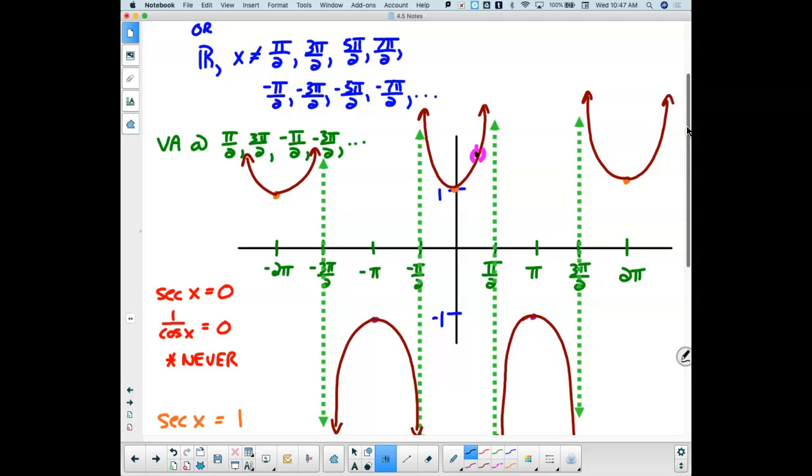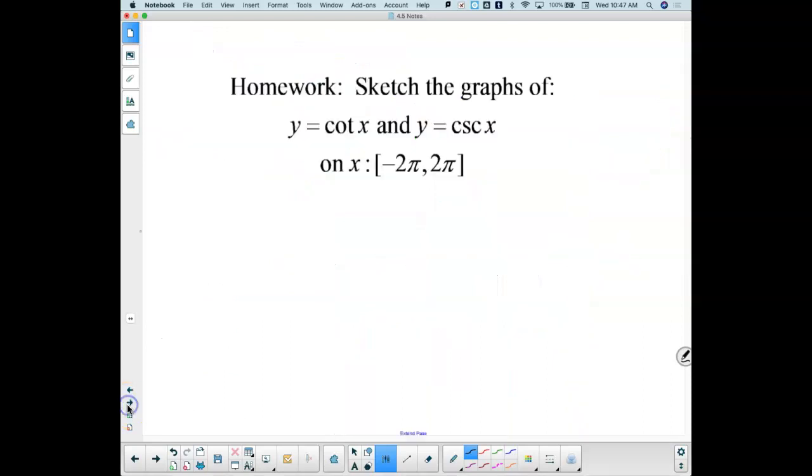For everyone, now, you will need to sketch the graphs of cotangent and cosecant over the interval negative 2 pi to 2 pi, which is what we just did. So you've got to do the other two. Please do them on a separate sheet of paper because we will be collecting it from everyone on Friday.